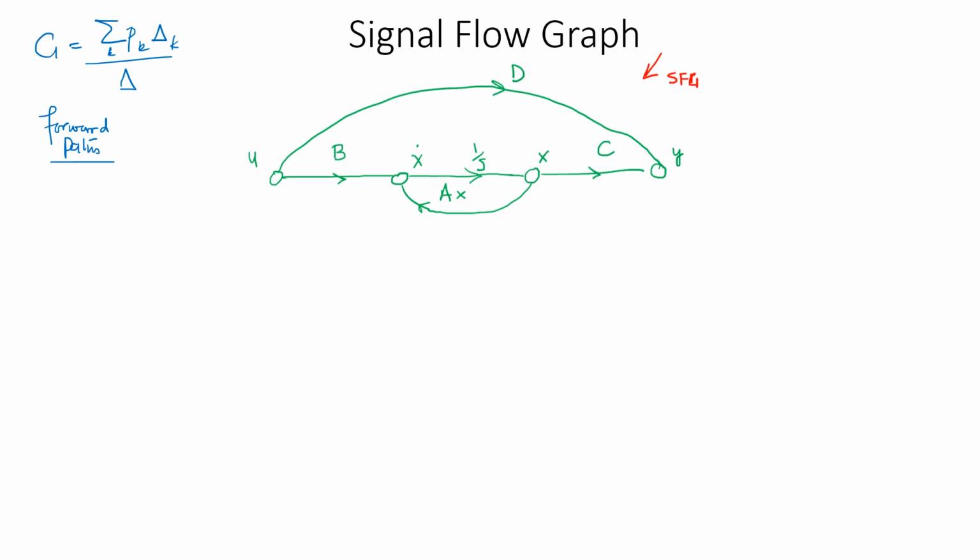You can readily identify that the very first forward path starts from this node in this direction all the way to the output node. So that is forward path P1. P1 is going to have the gain B, then 1 over S, and then C. But because these are matrix valued, I will be conscious of the size of these matrices and the order of multiplication.